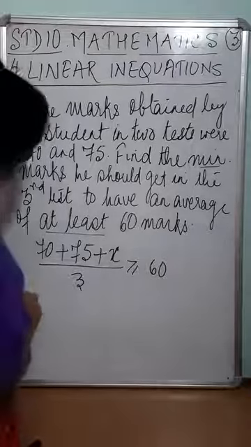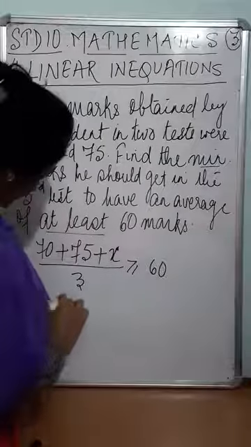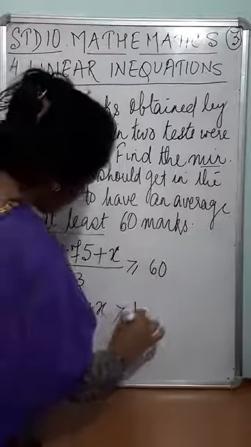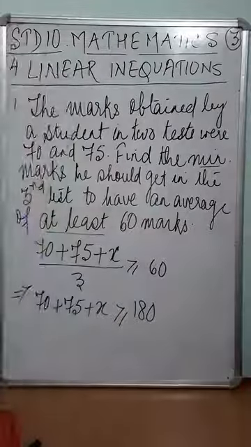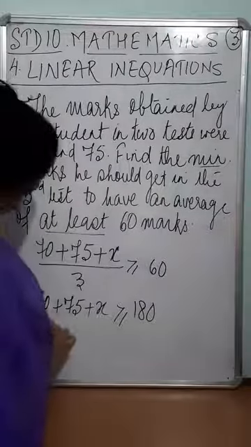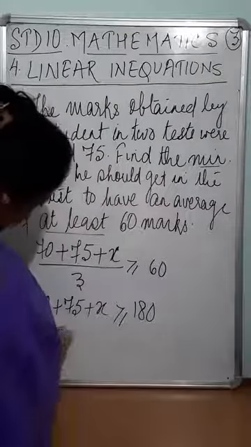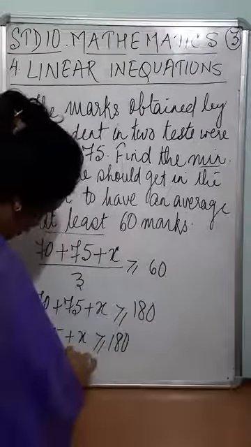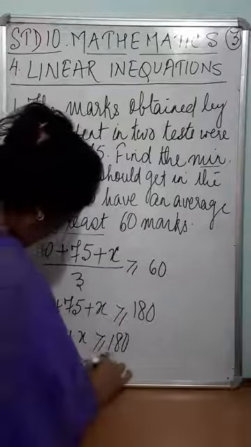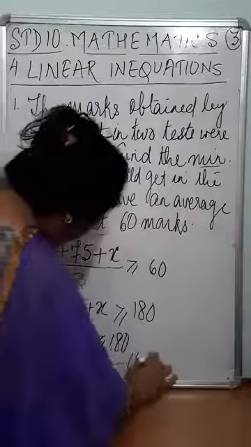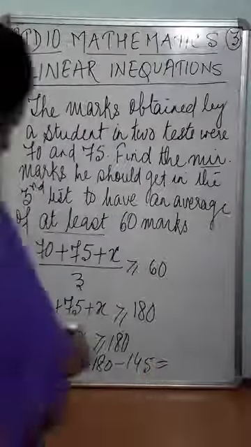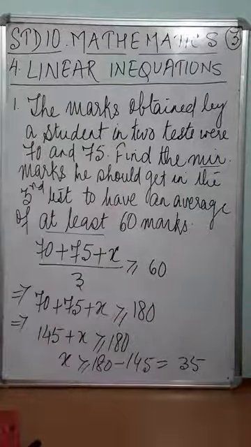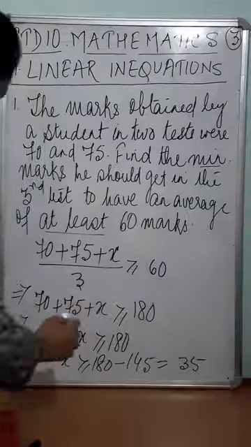If you simplify, 70 plus 75 plus X should be greater than or equal to 180, or 145 plus X should be greater than or equal to 180, or X should be greater than or equal to 180 minus 145, and this is equal to 35. X should be greater than or equal to 35.